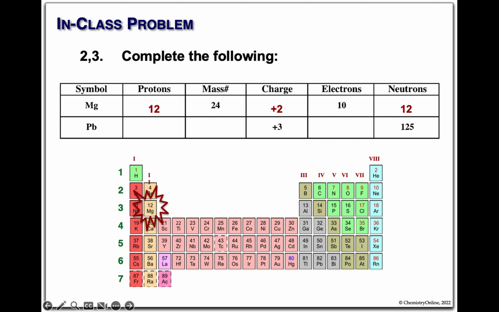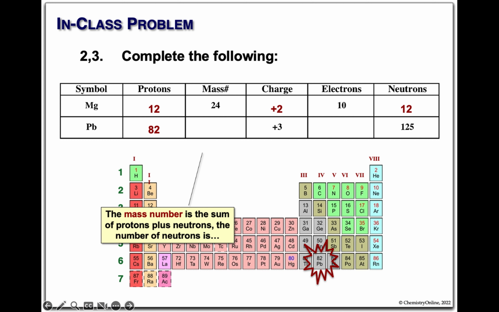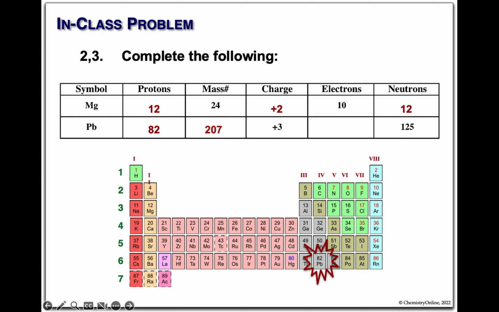For lead, lead is down here at the bottom. Atomic number is 82. That means 82 protons. Now we're given that we have 125 neutrons. Remember, the mass number is the sum of 125 and 82, 207, I believe. We are given that the charge is plus 3. This is lead 3+.